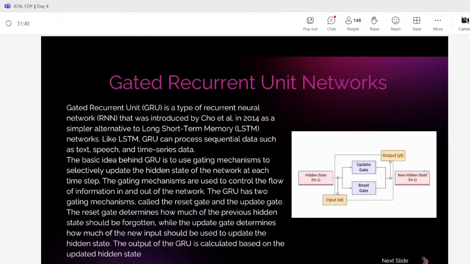While the update gate is capable of quantifying how much of the new input should be used to update the hidden state. Okay, the output of the GRU is calculated based on the updated hidden state only. So this architecture consists of an update gate and a reset gate.